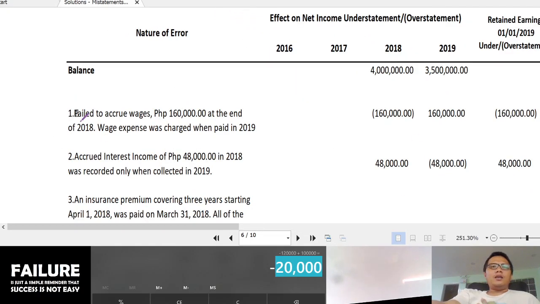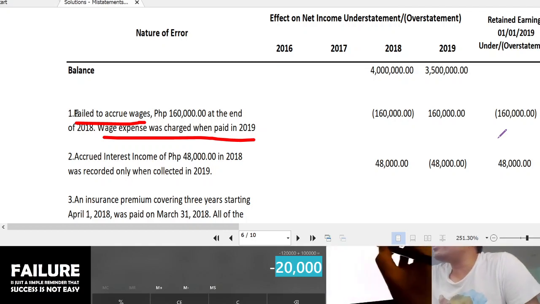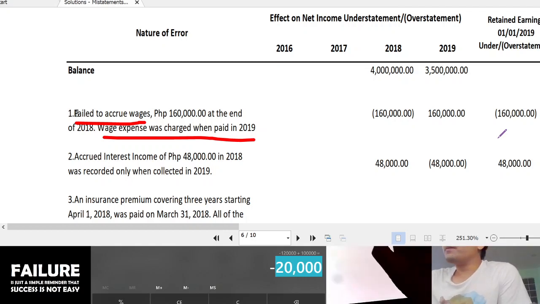the entity failed to accrue wages. So, meaning, failed to recognize accrued expenses of 160,000 at the end of 2018. So, the expense was charged when paid in 2019. So again, the point is, if we fail to recognize an accrual of expense, ano yung nangyari?